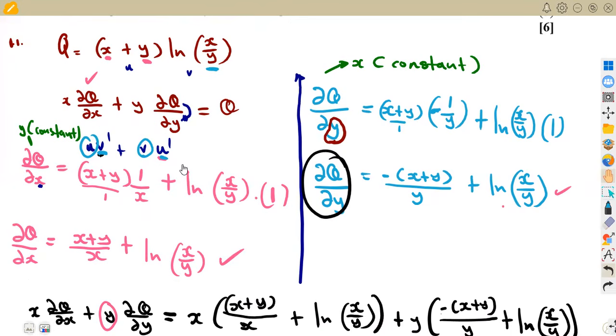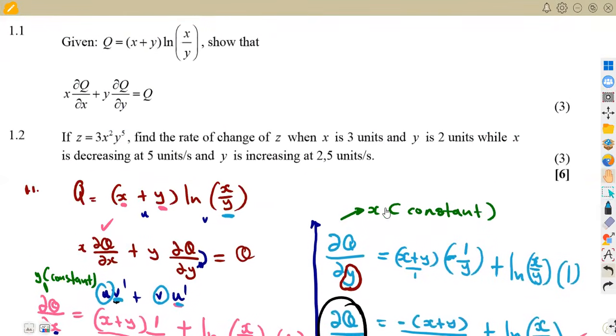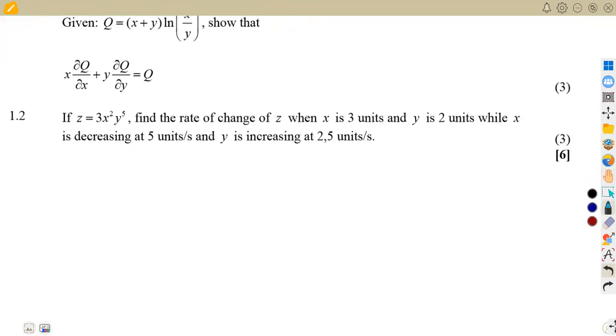That is how that letter is acting at that moment. If you're finding the derivative with respect to y, x is a constant at that moment. So it acts like any number that you can think of, and you can differentiate normally the way you're supposed to.